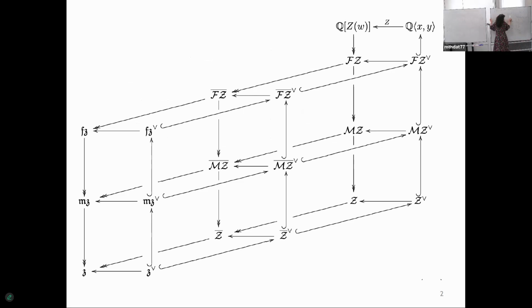So in this diagram, all these spaces here, all of the ones that are with little duals on them, all of them are subspaces of polynomials. And all the spaces that are surjected down by the space of symbols are all different multizeta spaces.